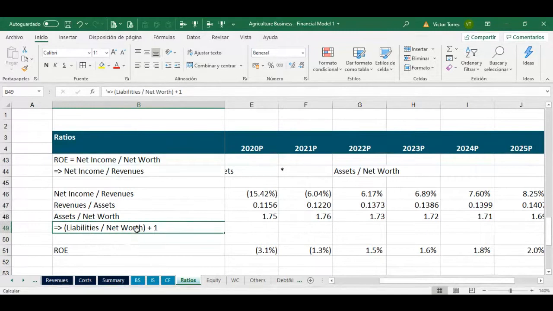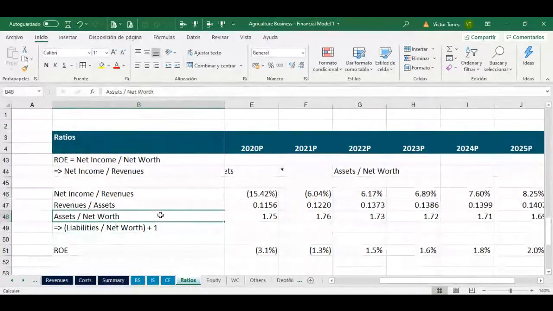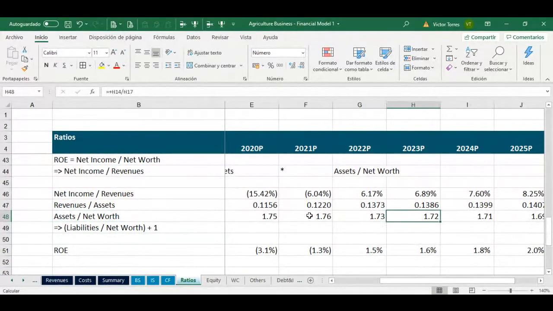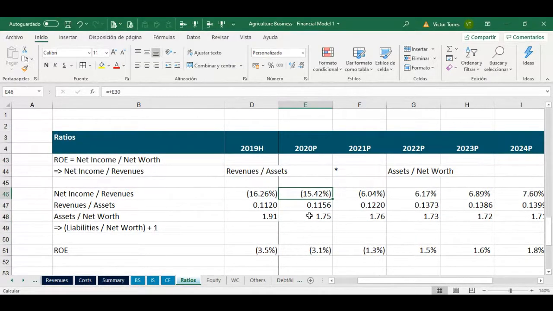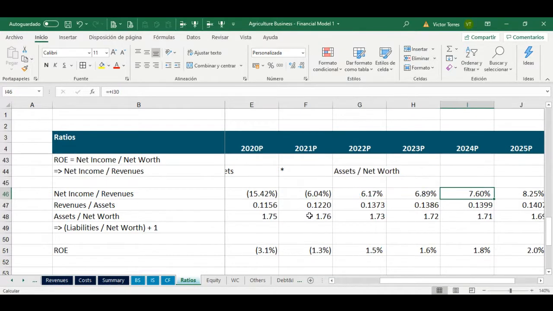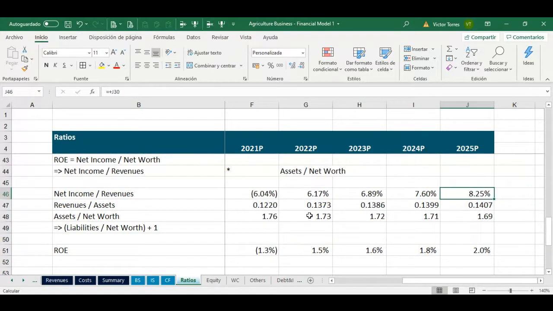This is not increasing, this is actually decreasing. But we are, first of all, improving profitability on the income statement side. We are better at managing costs as we generate more revenues. Costs do not increase in the same percentage. So our net income over revenue ratio is rising over time.